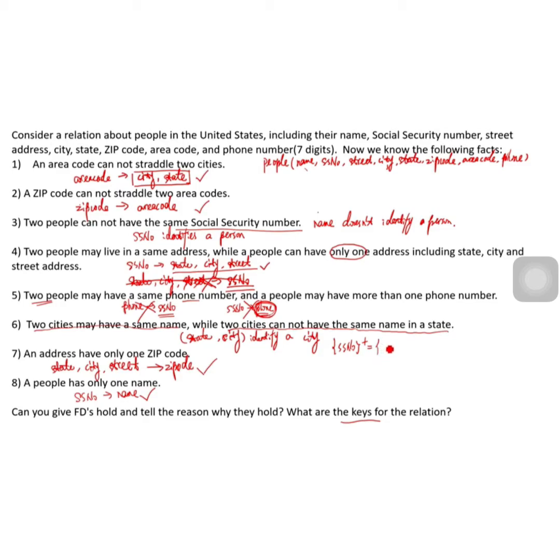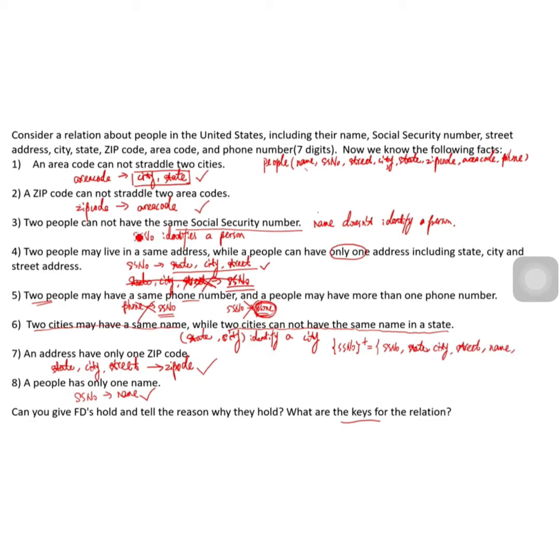The basis is SS number. SS number functionally determines state, street, city. Okay, state, city, street. And SS number functionally determines name.